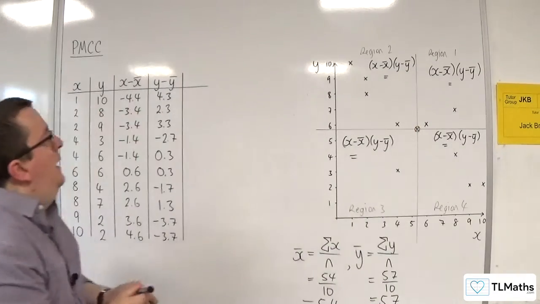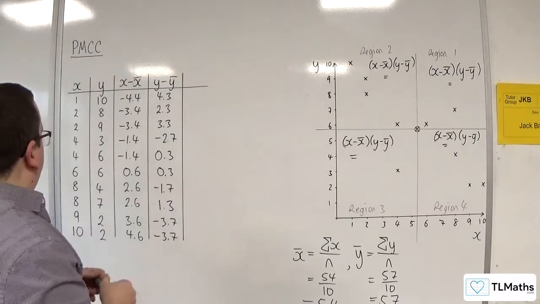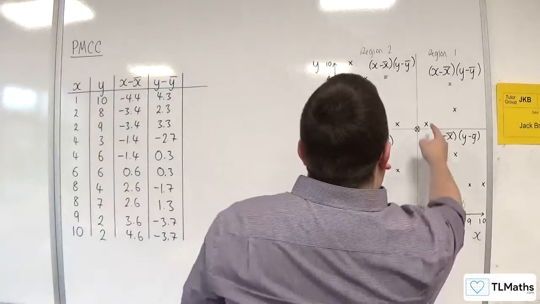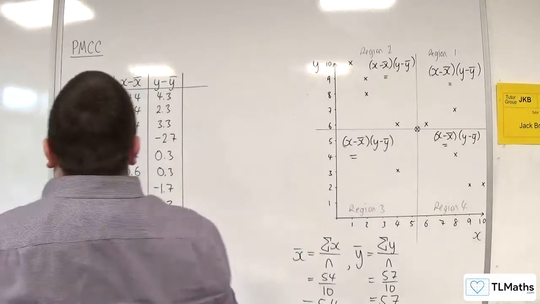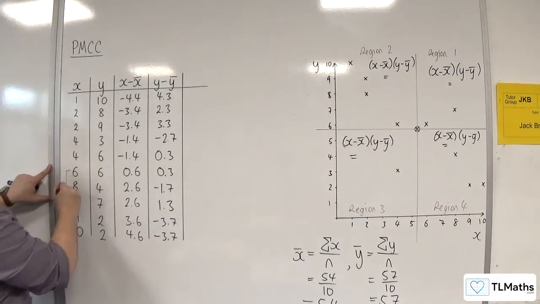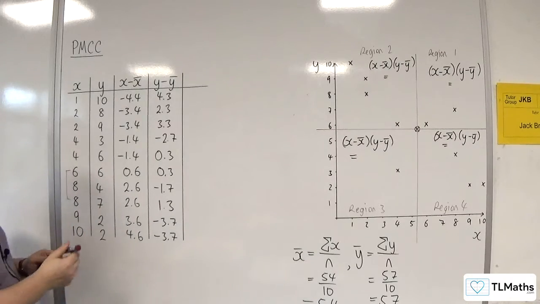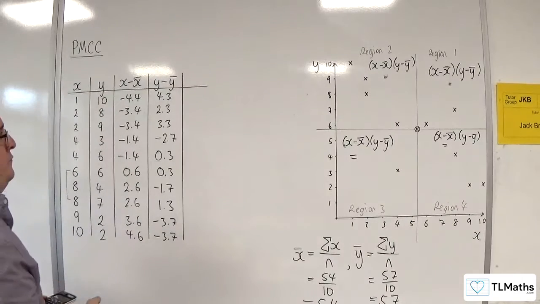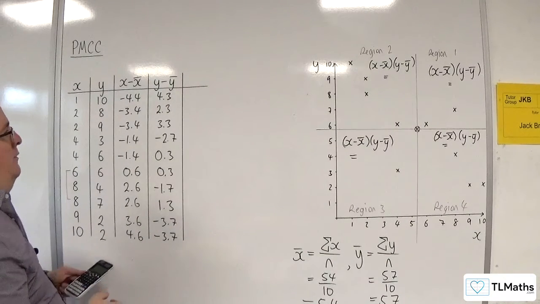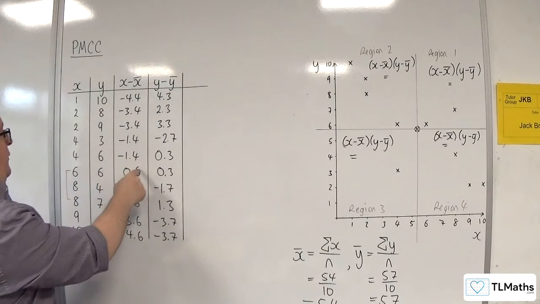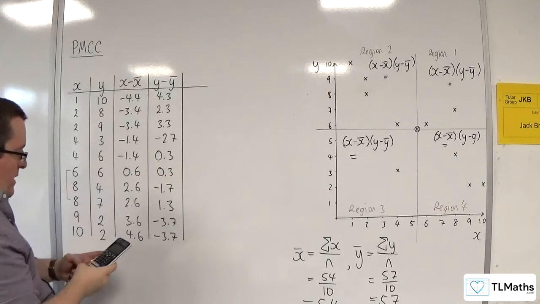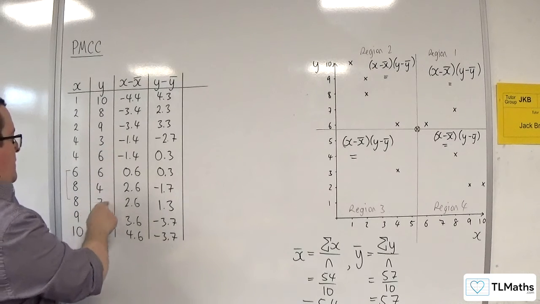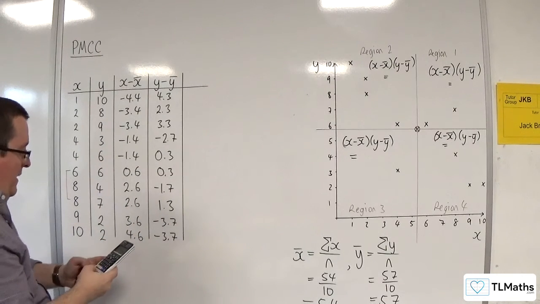Okay, so for region 1, which ones are in region 1? We've got 6, 6 and 8, 7. These are the 2 that are in region 1. So we're going to have 0.6 times 0.3, so 0.18, and 2.6 times 1.3, and I'm going to add those together.